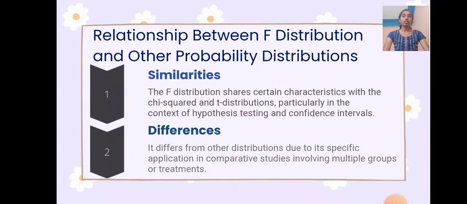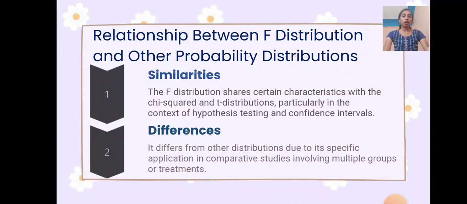Let us see what is the relationship between F distribution and other probability distribution. First, its similarities. The F distribution shares certain characteristics with the chi-square and T distribution, particularly in the context of hypothesis testing and confidence intervals. Differences.